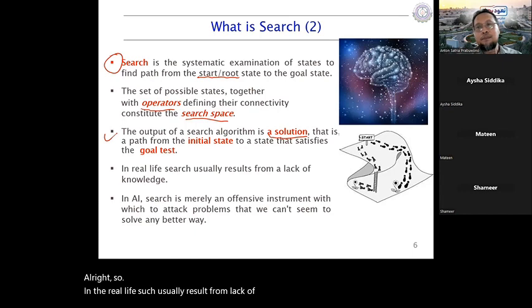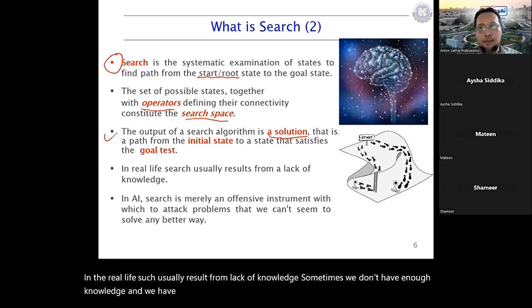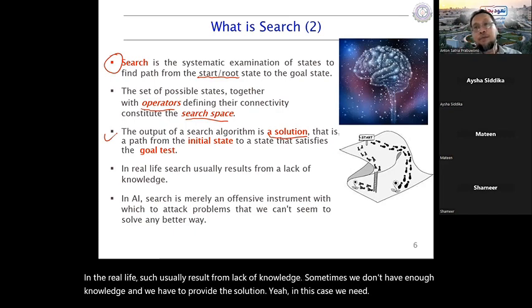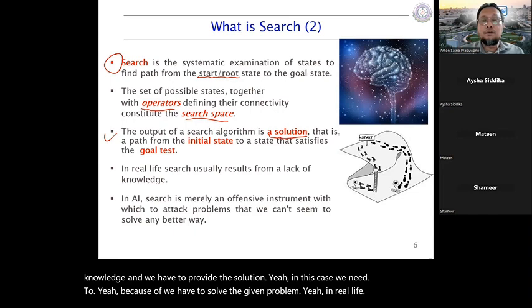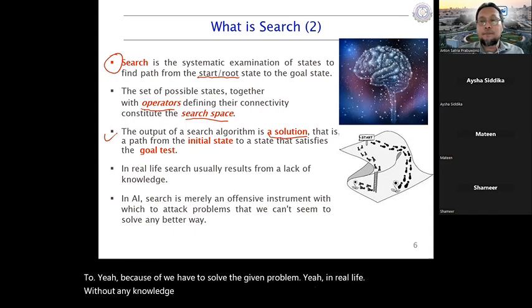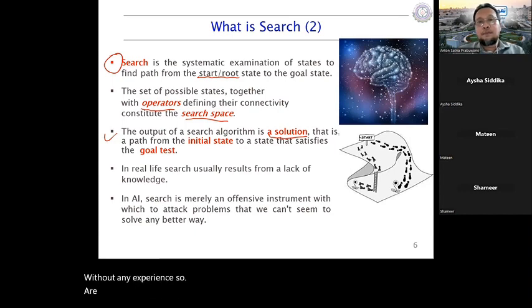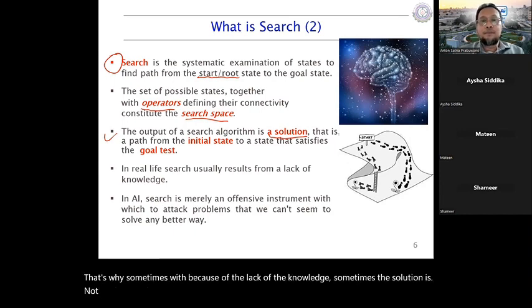Sometimes we don't have enough knowledge and we still have to provide the solution, because we have to solve the given problem in real life without any knowledge or even without any experience. That's why, because of the lack of knowledge, sometimes the solution is not satisfactory or doesn't meet the requirement.